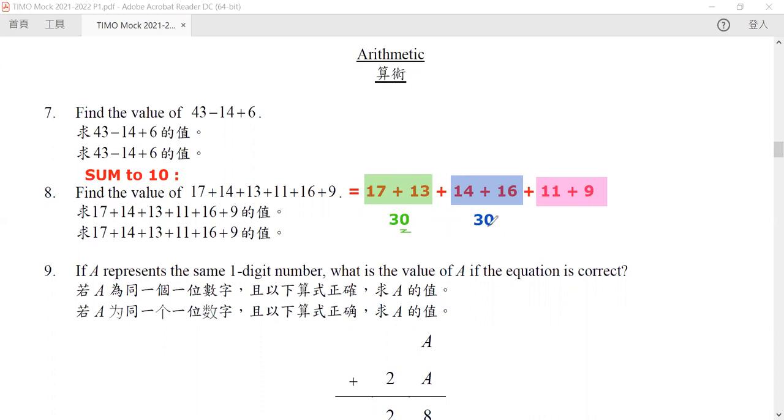Now again, you can see that if we try to sum them up, you will find that the answer is the same. The answer will have a 0 as its unit digit. Now, this is good, because once you sum them up like this, they will have the unit digit as 0. This is what we mean by sum to 10.